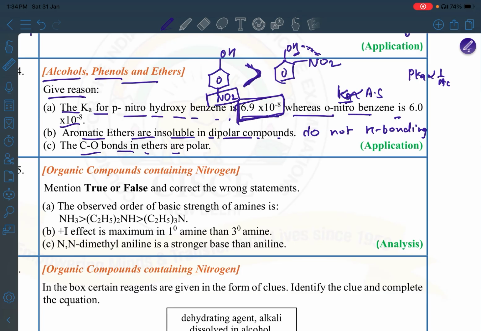The C-O bond in ethers is polar. The electronegativity of oxygen is 3.5 and that of carbon is 2.5. The difference is 1.0, so they are polar, due to the electronegativity difference.